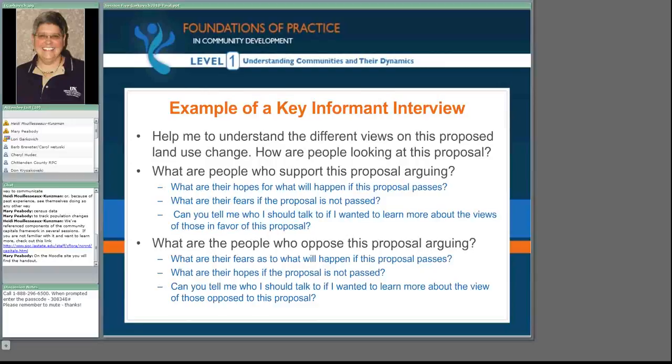It provides a way to help me understand what people are thinking and where they stand. It helps you to flesh out the key issues, the key perspectives, related to a problem or an issue or a debate or a conflict within the community.